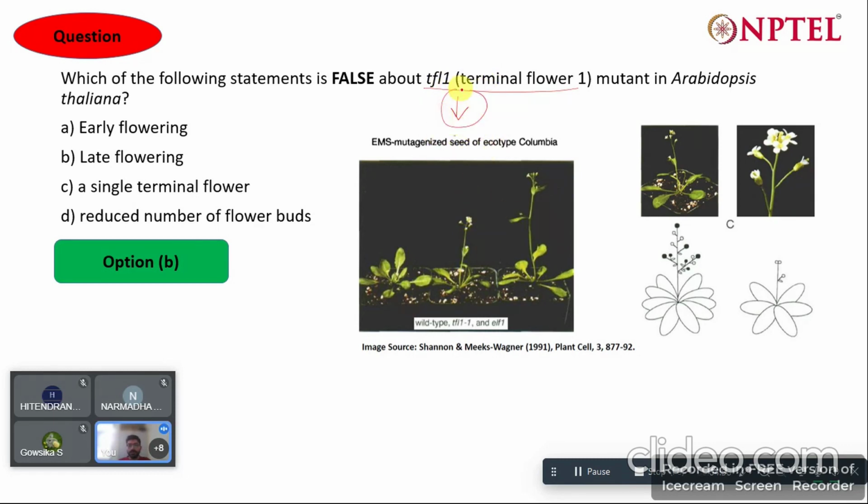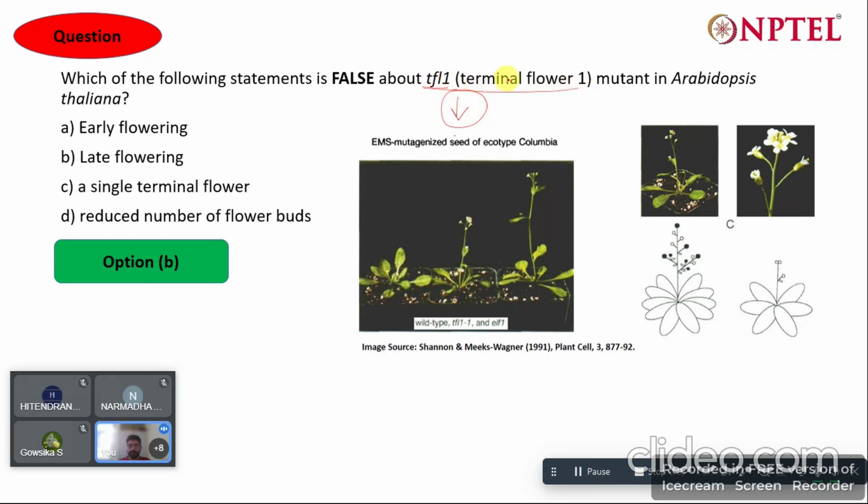So whenever there is a mutant... Early flowering maybe the answer. So that's what I'm explaining, that whenever there is a TFL1 mutant, as you can see in this picture itself, this is the wild type, this is the TFL1 mutant, as it is a negative regulator of flowering.